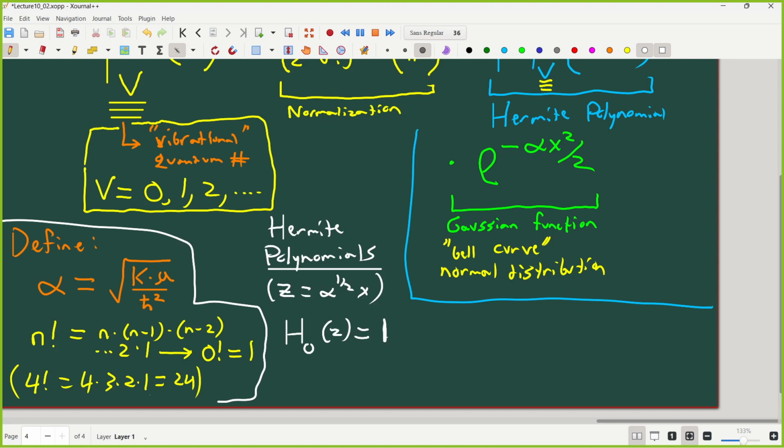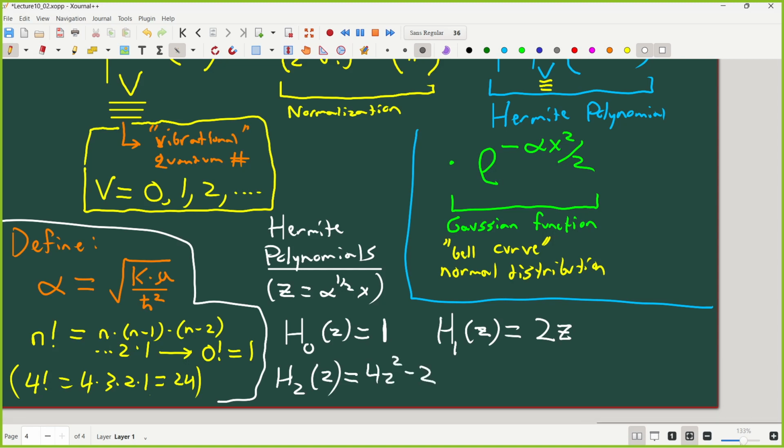Easy enough. The Hermite polynomial for v equals 1 is 2z. The Hermite polynomial for v equals 2 is 4z squared minus 2.